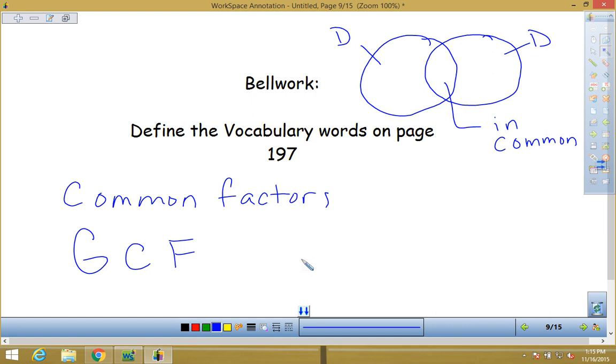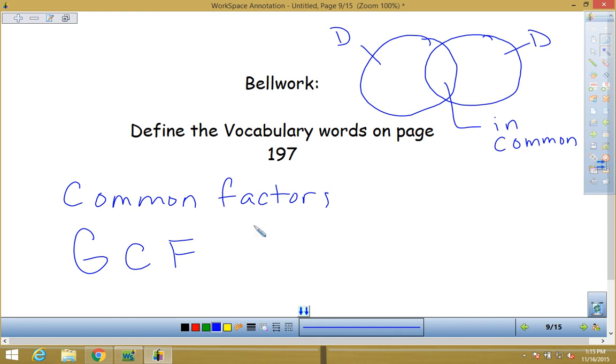And what is the GCF? Dante. Greatest common factor, meaning the greatest of the common factors of 2 or more numbers. The GCF of 24 and 30 is 6. Perfect. So, if we know what a common factor is, the greatest common factor is the greatest common factor between 2 or more numbers.